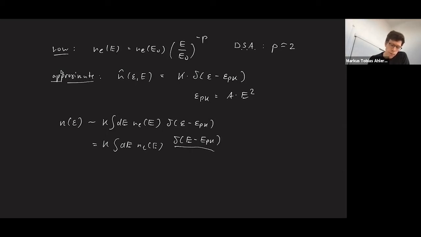And now I have to divide this delta function by the derivative of the peak energy with respect to the energy. And this is simply given as 2 times A times E, and this has to be evaluated at the peak energy. So this will be A E peak.